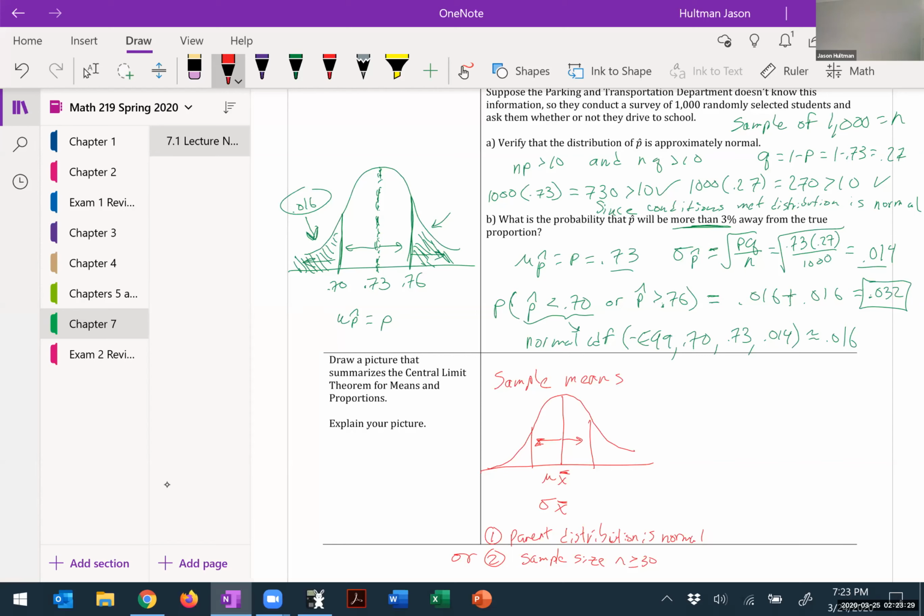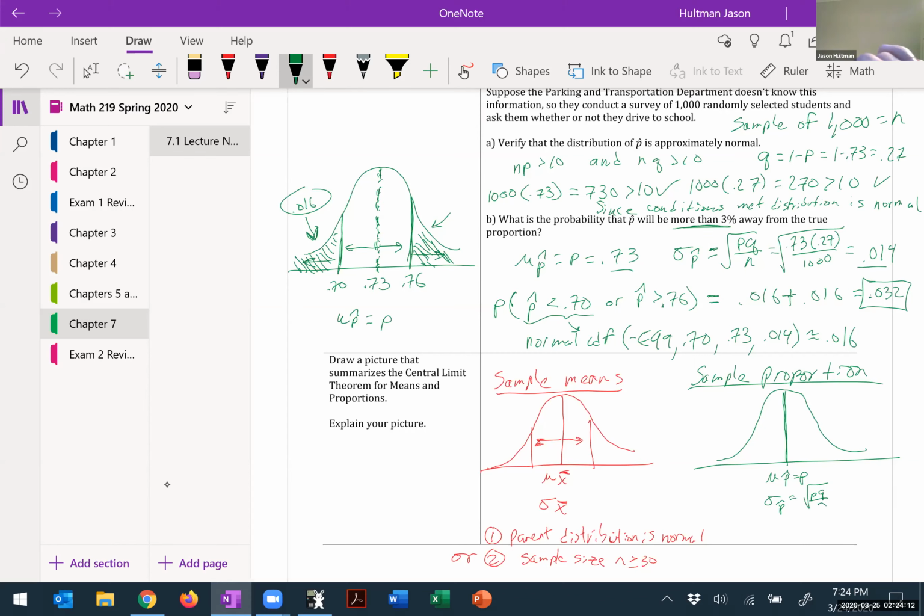What about for the sample proportion? Let's summarize what we learned about the sample proportion: it is nearly normal with mu of p hat equaling p, the population proportion, and sigma of p hat equaling the square root of p times q over n.